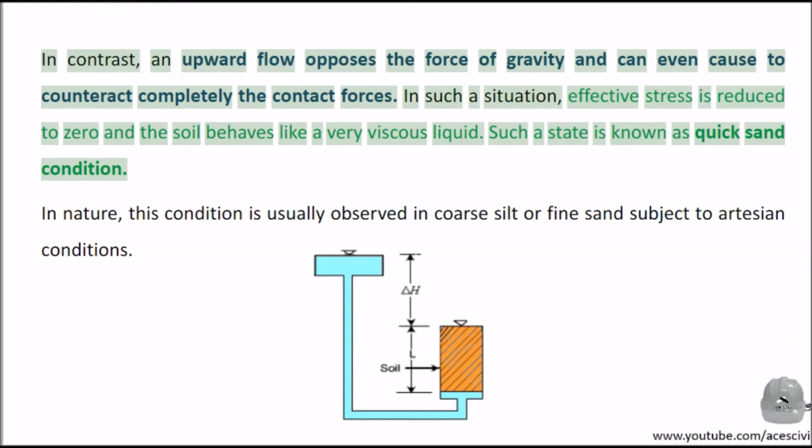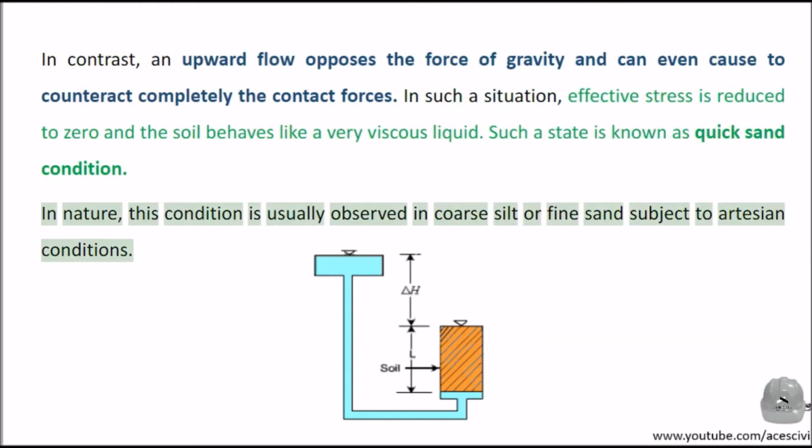In contrast, an upward flow opposes the force of gravity and can even completely counteract the contact forces. In such a situation, effective stress is reduced to zero and the soil behaves like a very viscous liquid. Such a state is known as quicksand condition. In nature, this condition is usually observed in coarse silt or fine sand subject to artesian conditions.